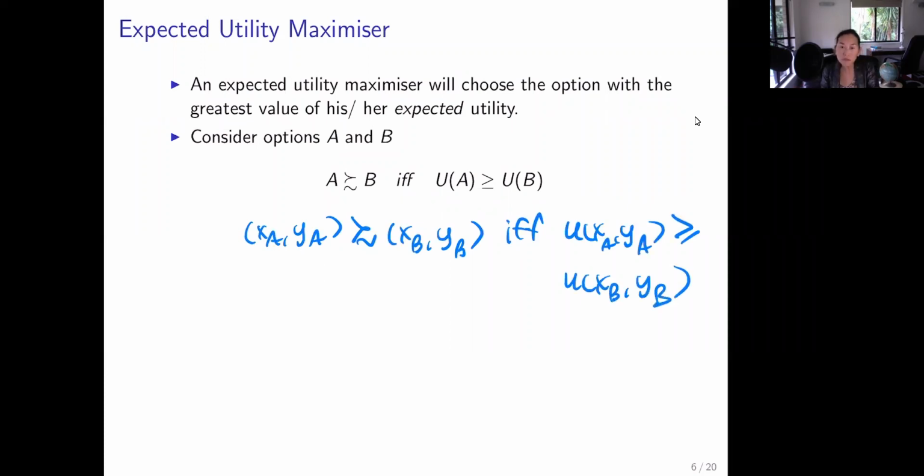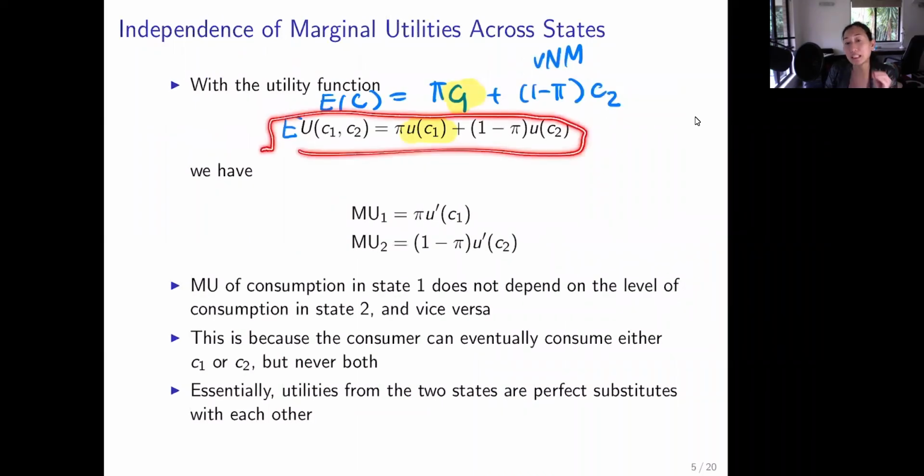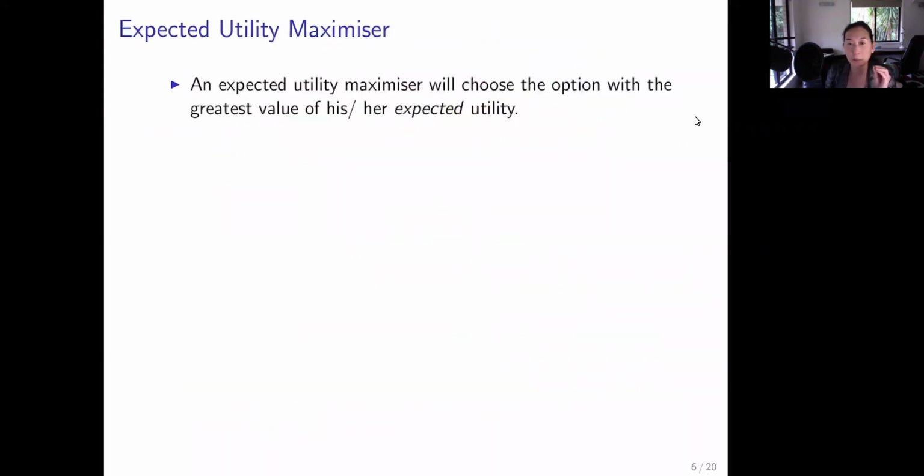So it's a similar concept. Here we use expected utility instead. Instead of just utility value, we use expected utility, and the expected utility must include the probability for each event.